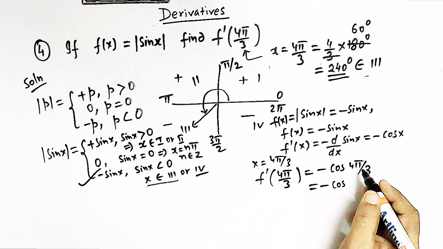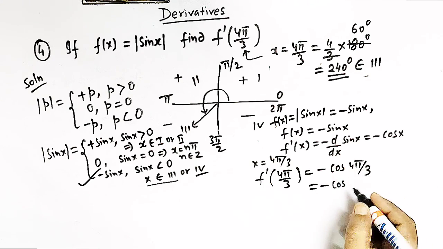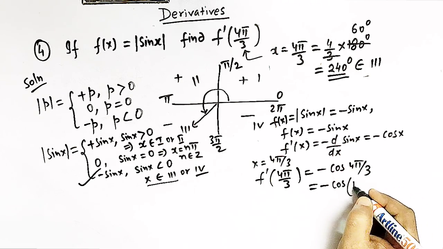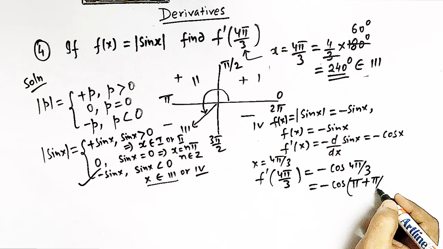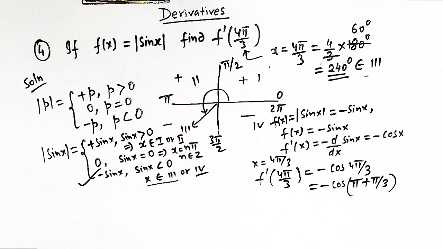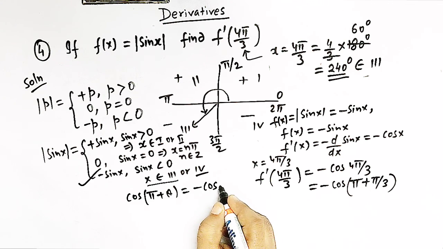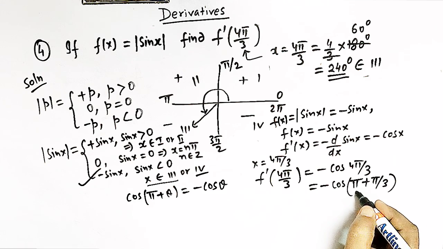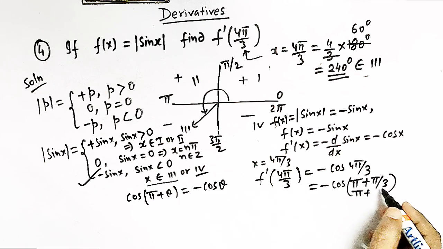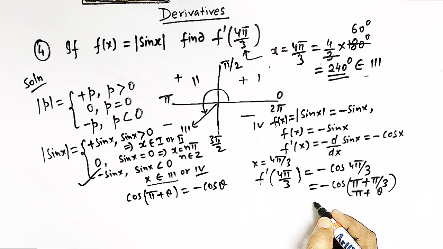So we can easily find out its value by writing 4 pi by 3 as pi plus pi by 3, right? Because 3 pi plus pi is 4 pi. Okay, so now here we can use this result: cos of pi plus theta is equal to negative of cosine theta. So here we have this form, that is pi plus theta, where theta is pi by 3.